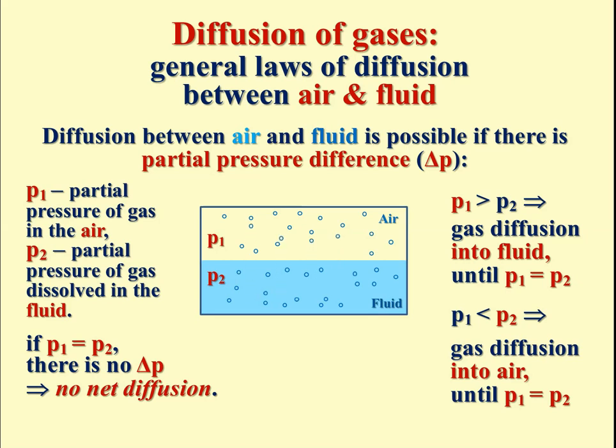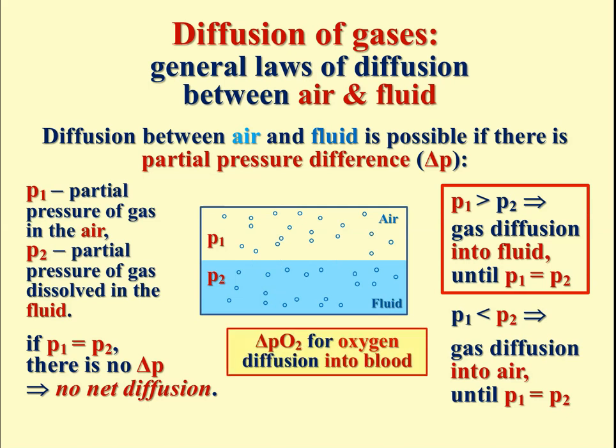The first case, when pressure in the air is higher than in fluid, is our normal difference of partial pressure of oxygen between the alveolar air and venous blood that comes to the lungs. And so oxygen, according to all the physical rules, goes simply from alveolar air into blood.